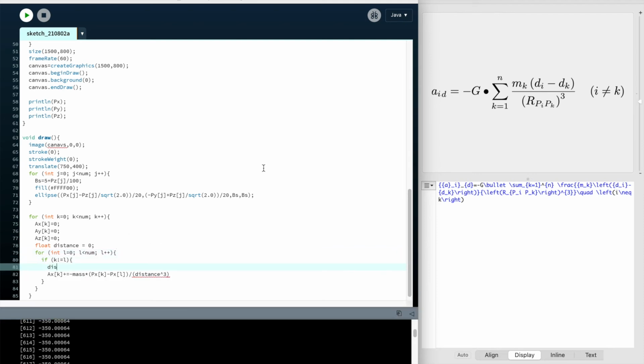here is where we define our distance. So distance is equal to the square root of something squared plus something squared plus something squared, so power plus power plus power, and we know that's by 2.